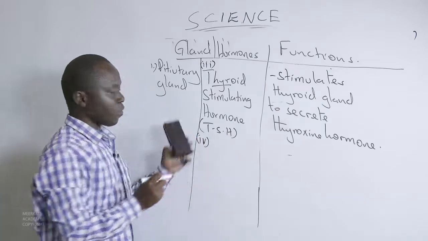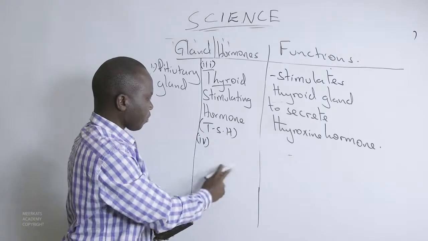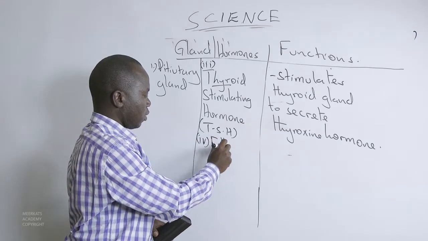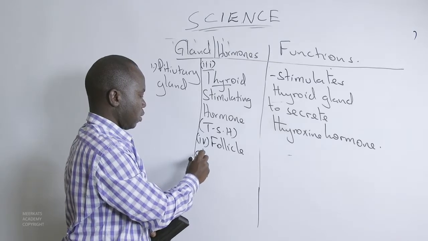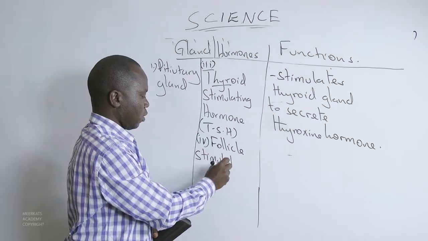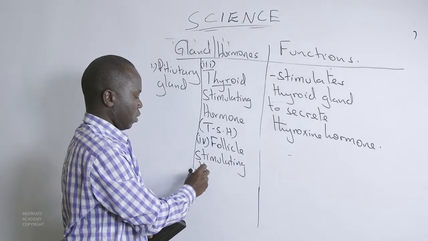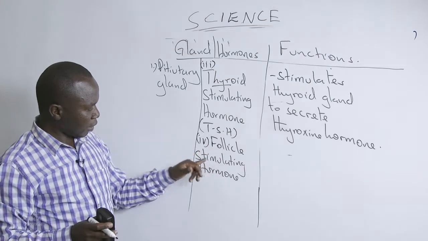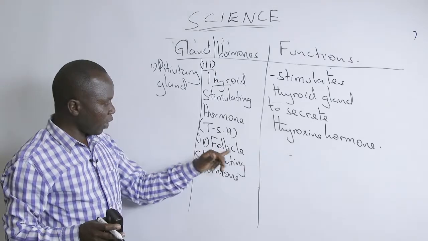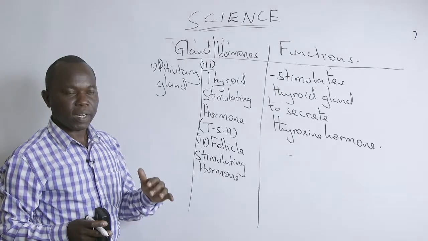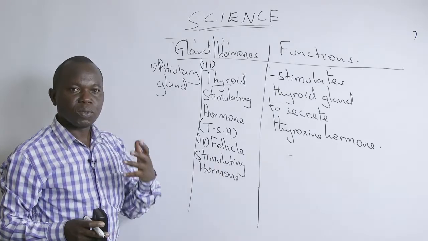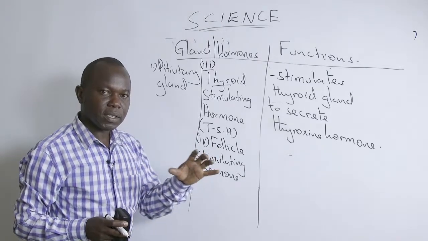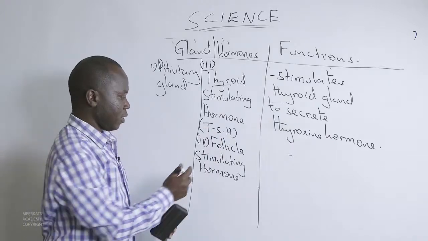Hormone number 4 from the pituitary, we have follicle stimulating hormone. Again, the way it is stated, follicle stimulating. Where do you find follicles? Follicles are found in the ovary. Follicles are meant to release ova. So it's going to stimulate the ovaries so that they release ova.